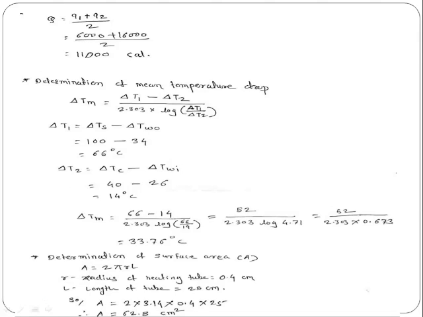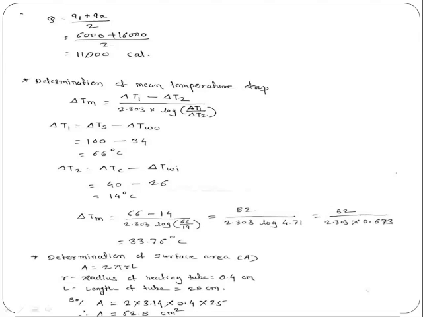Then the second parameter, that is the mean temperature drop. The equation for delta Tm is equal to delta T1 minus delta T2 upon 2.303 into log of delta T1 upon delta T2. Delta T1 is nothing but the difference between the temperature of steam and the temperature of water outlet. Temperature of steam is 100 and water outlet temperature is 34.